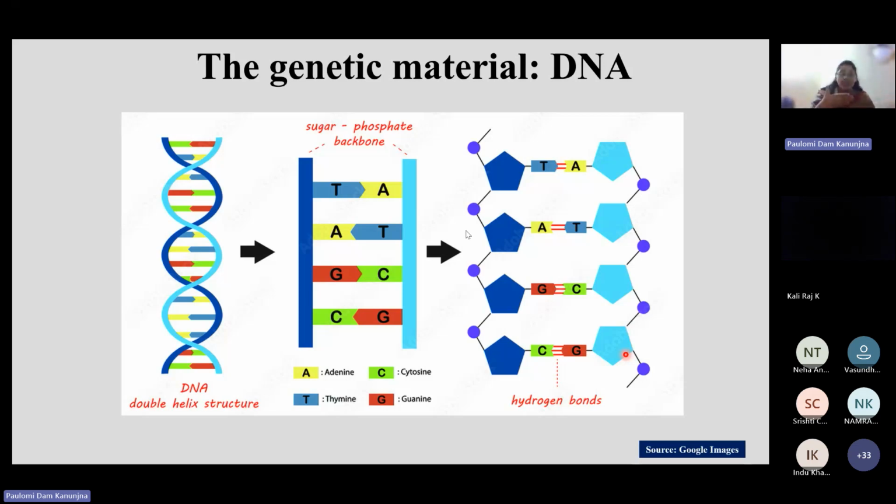These four nucleotides in different combinations encode the information for all the different proteins that we require for our basic survival, right? So it has the ability to store information. DNA is able to replicate accurately, and via the process of replication it is also responsible for inheritance of the genetic data. So it passes on the information to the next generation.